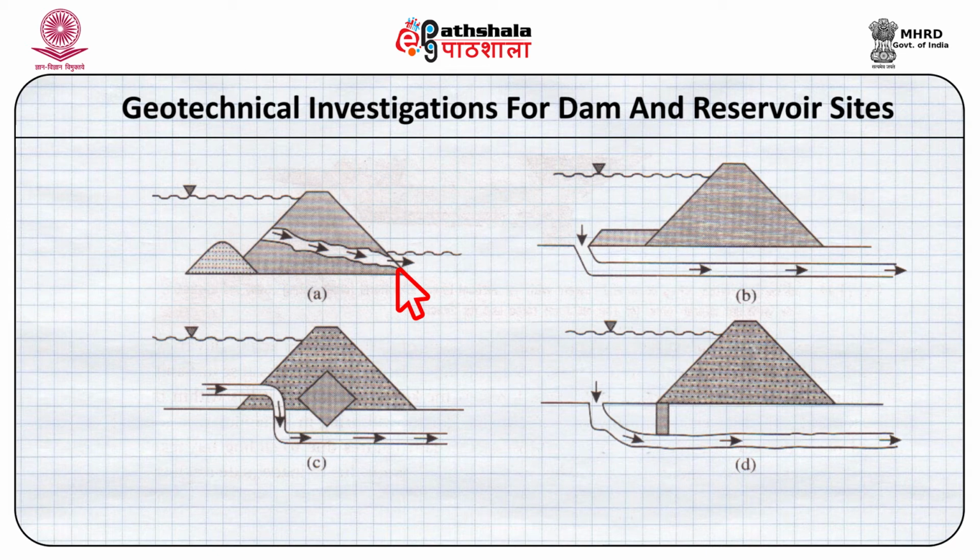The seepage can also take place below the berm of the dam and it may go into the downstream area below the foundation of the dam. Or it can also go out of the reservoir through seepage below the cutoff wall. So in this way, the seepage can fail the dam.